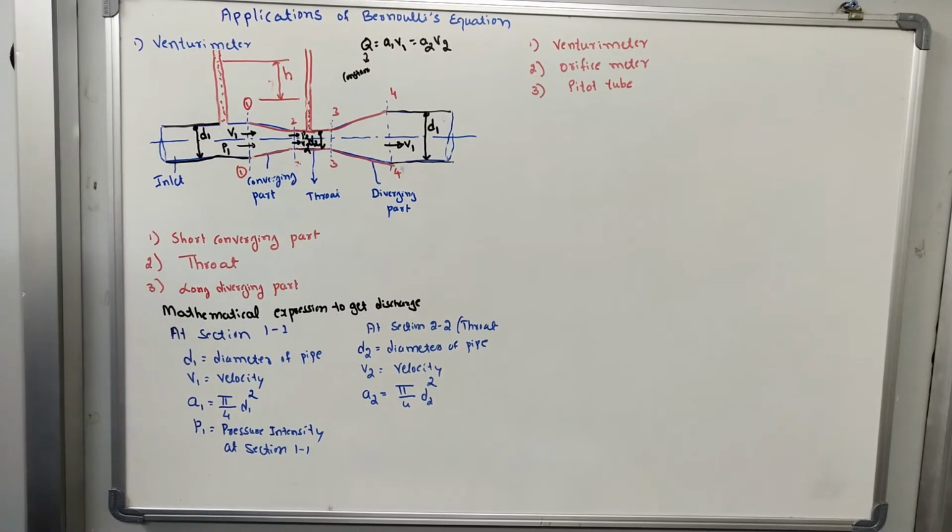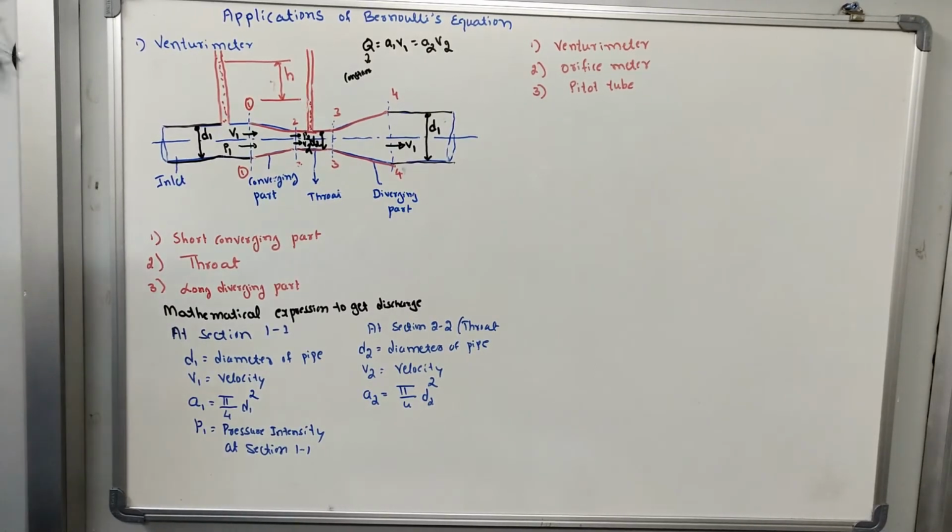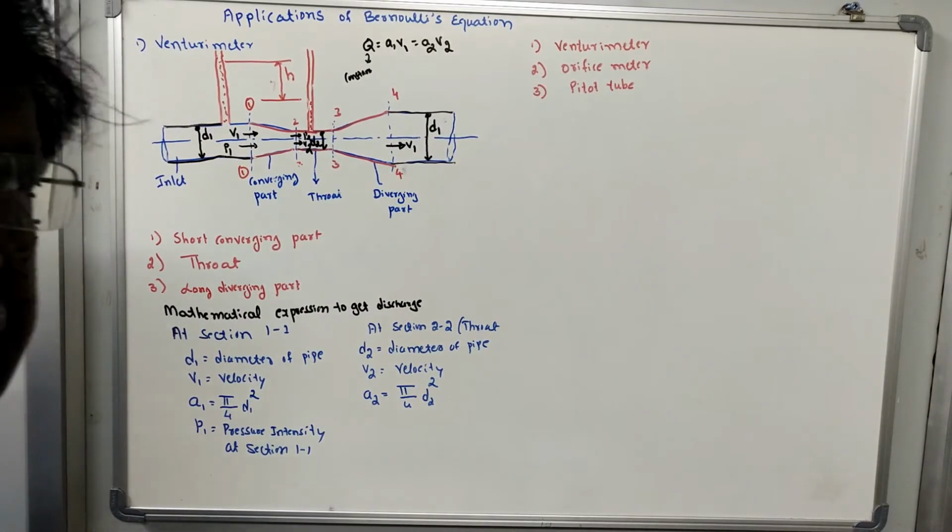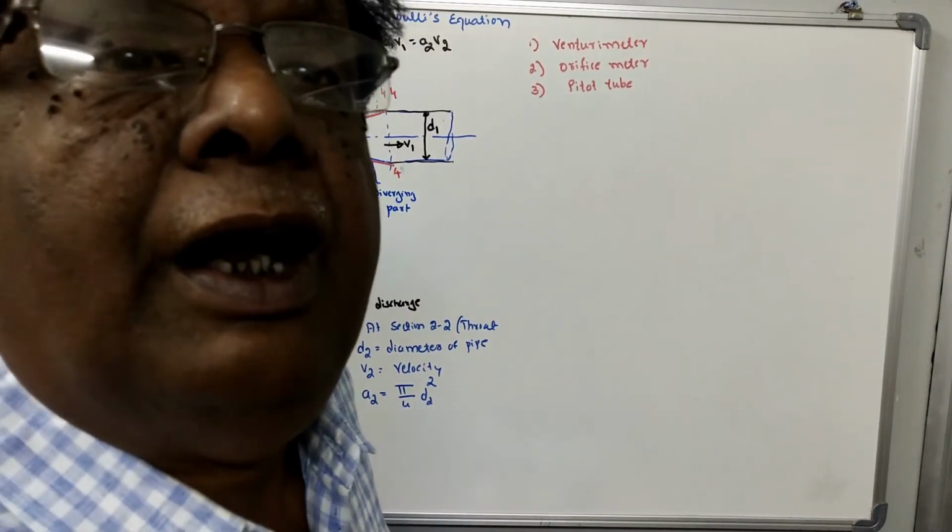What is the ideal fluid? Ideal fluid is one whose viscosity is 0. Means viscosity does not exist for the ideal fluid.